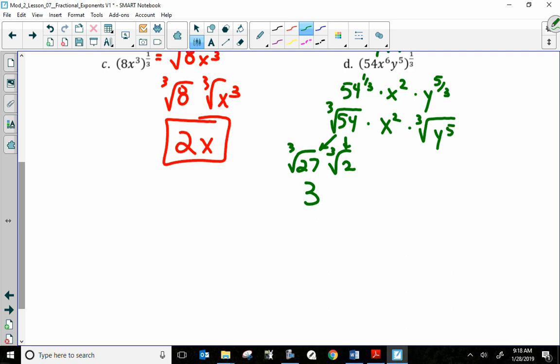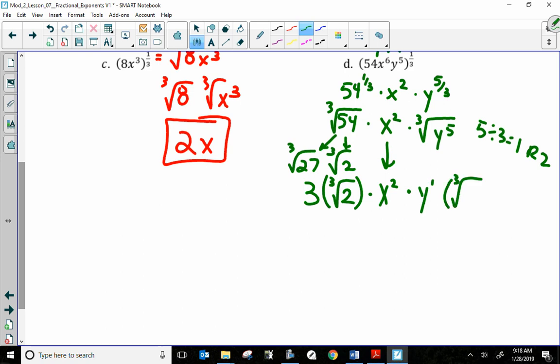The cube root of 27 is 3, and there's nothing more I could do with this. So I'm done. I have my x squared times. Again, this is division, in case you forgot. 5 divided by 3, it goes in once with the remainder of 2, which means 1y comes out, and the remainder, 2, remains in.